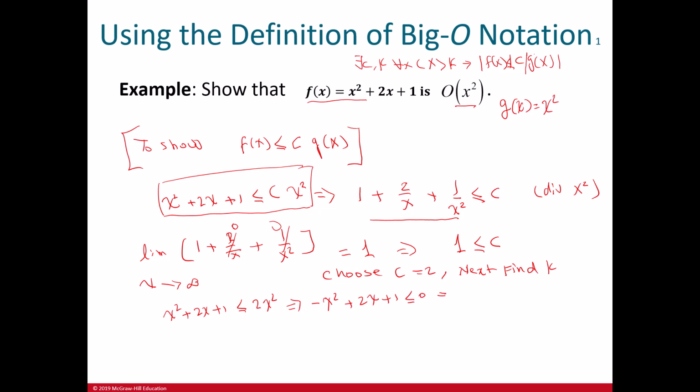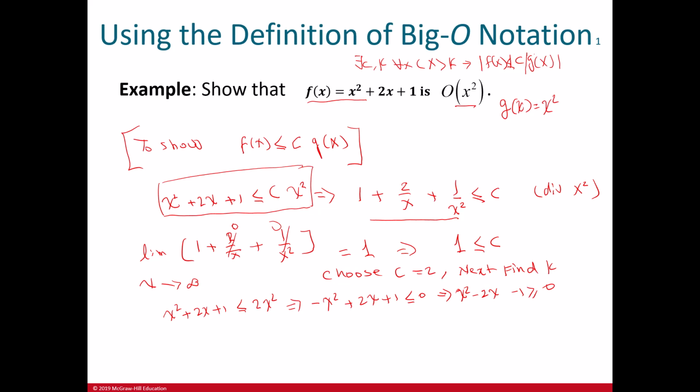If I multiply both sides by negative 1 just to make this one positive, then I will have x^2 - 2x - 1 greater than or equal to 0. This now becomes a quadratic. I can use the quadratic formula to find x. I'm not going to do it here, go ahead and use the quadratic formula to solve it.